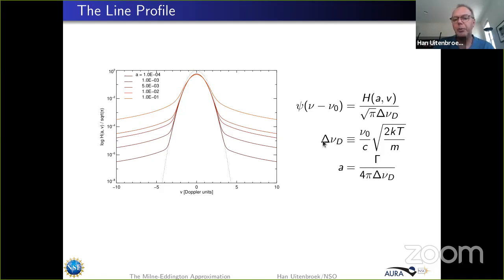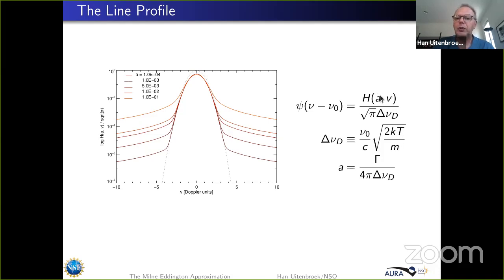And Doppler broadening is given by 1 over lambda 0, nu over c, times the thermal velocity, square root of 2kT over m, where k is the Boltzmann constant, T is temperature, and m is the mass of the atom.